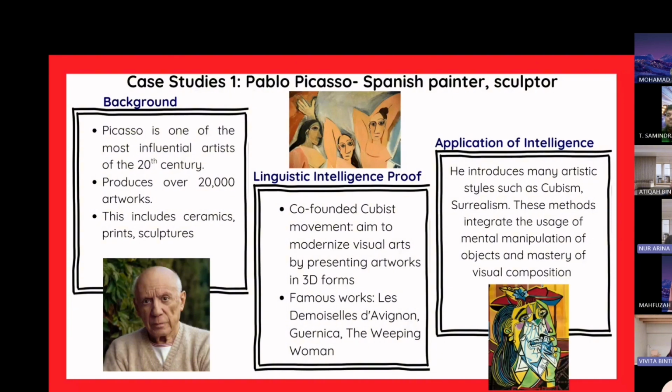His genius lies in his remarkable application of intelligence, particularly visual and spatial understanding. He was a co-founder of the Cubist movement, which aimed to modernize visual arts by presenting artwork in groundbreaking 3D forms. This approach integrated the mental manipulation of objects and a deep mastery of visual composition. He also introduced other significant artistic styles like surrealism.